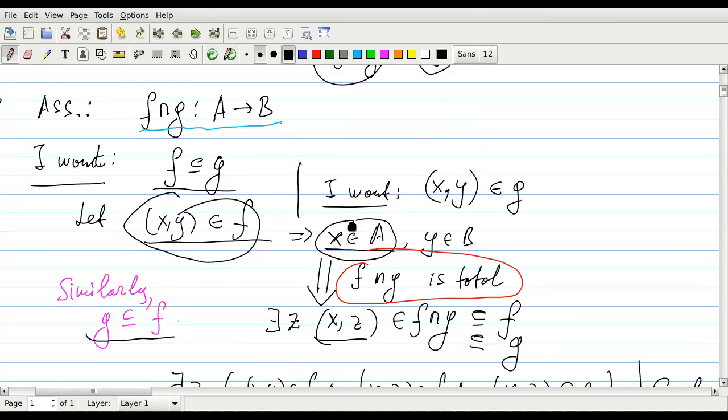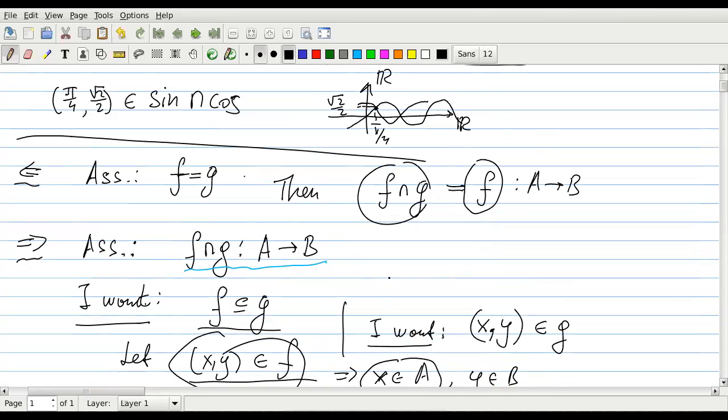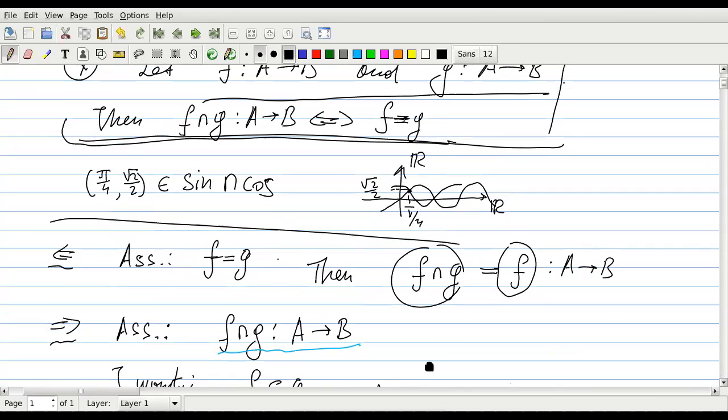But in fact, this generalization is not worth trying. There is no point in doing it, in fact.